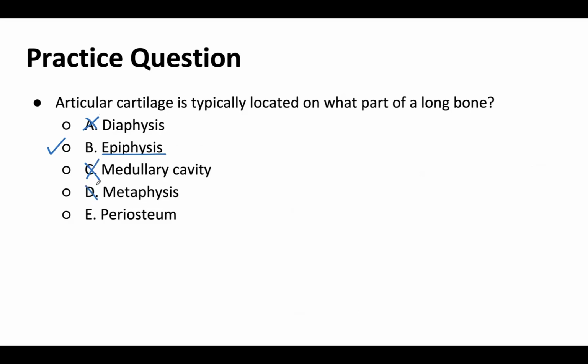The metaphysis is located between an epiphysis and the diaphysis, so no articular cartilage there. And the periosteum is going to be that connective tissue and cells that surround the outer surface of the bone, except where there is articular cartilage. So E is not going to be the correct answer either.